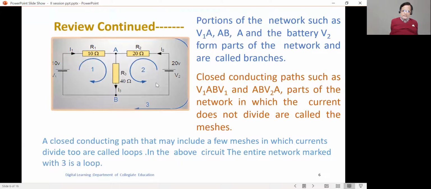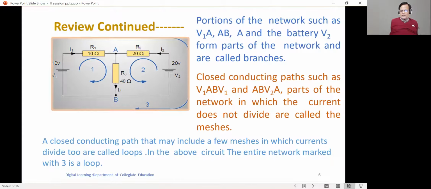Within this circuit that we have considered, there are portions such as the battery V1, the node A, the node B and V1 back. This is a closed conducting path which forms part of a larger network.